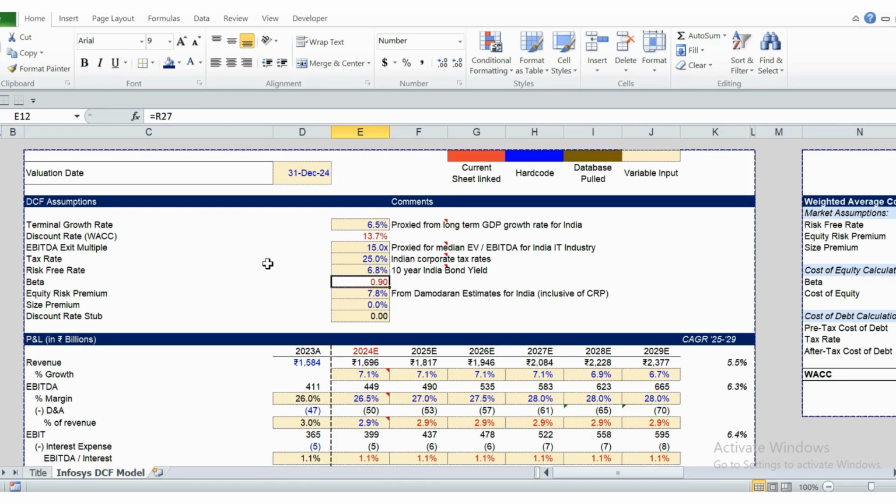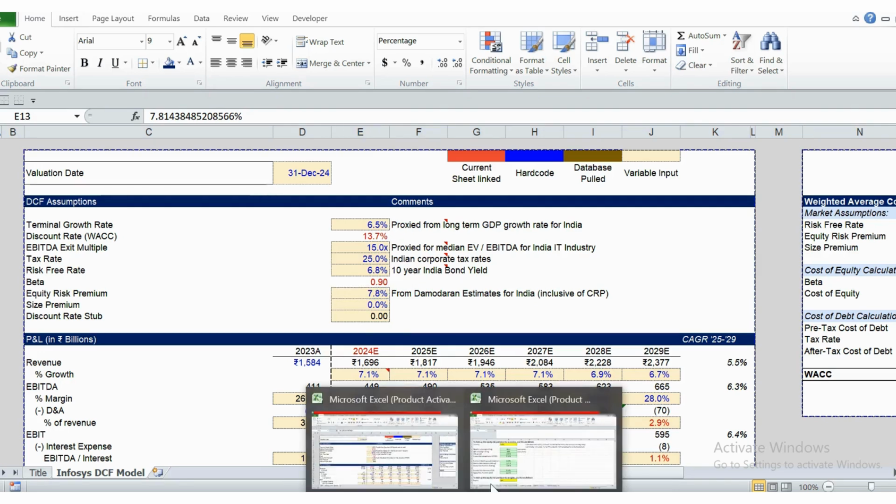Then we have the beta assumption. Beta is again calculated from comparable analysis. We will be talking about this later. Then we have the equity risk premium, which we usually take from Damodaran's estimates for India. This is inclusive of the CRP, the country risk premium, also.